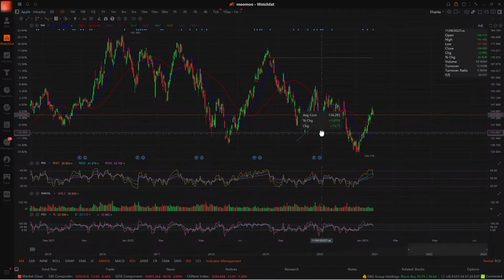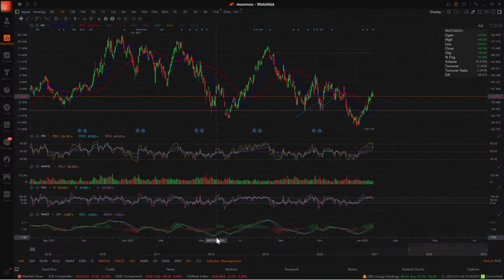So theoretically, an indicator like KDJ or even MACD should go even lower than the previous bottom. So let's say the past bottom was at this level in June 2022. It dropped all the way down to the 128 level. When the stock price achieved another record low, which is 124 in early January this year, you may expect that an indicator like MACD or even KDJ will hit a lower level.